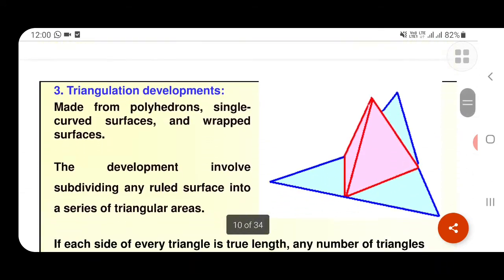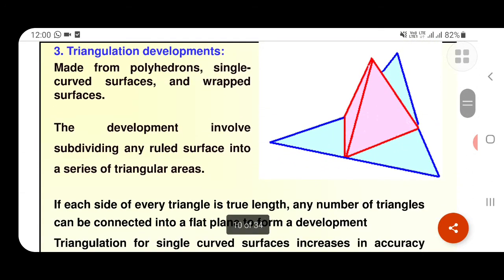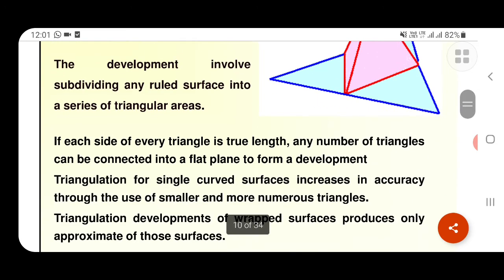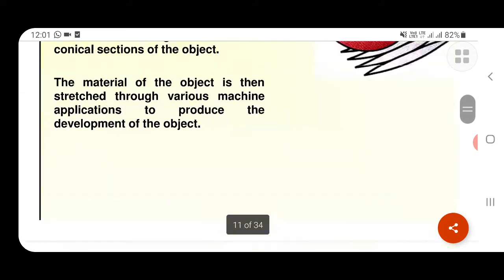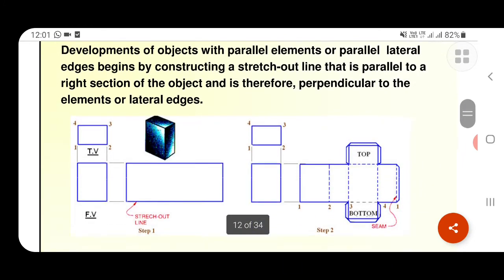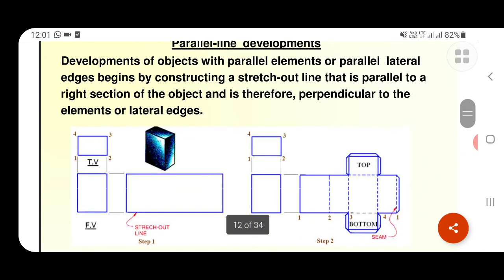Next, triangulation method. In that method, there is development of triangles with the help of developments. So this is the best example of the parallel line method. In that, a rectangular prism is given.